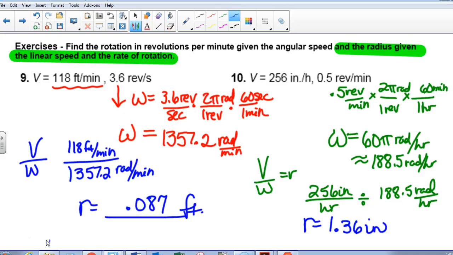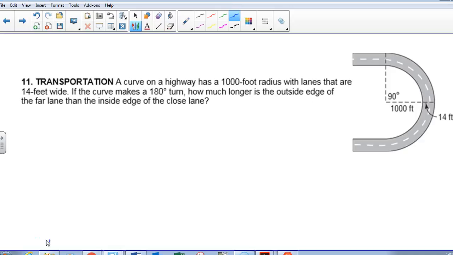Now, number 11, there's some room for argument about what the meaning of this is. It says, curve on a highway has 1,000-foot radius with lanes that are 14 feet wide.